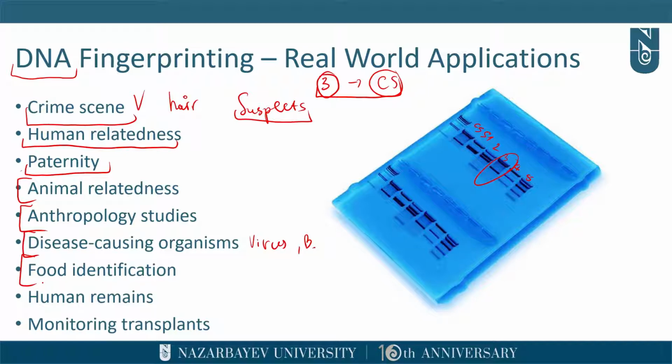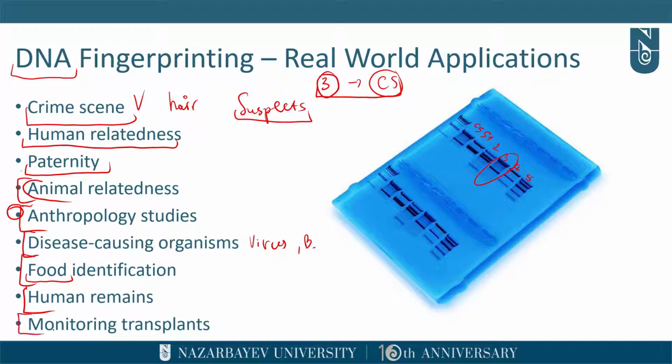So let's say that some person wants to know if they actually eat beef. So they send this food for identification, and then according to the animal relatedness, they obtain the results saying, okay, so this is beef or not. Of course, human remains work the same as in anthropology studies, so you identify if the remains of the organisms actually belong to humans.